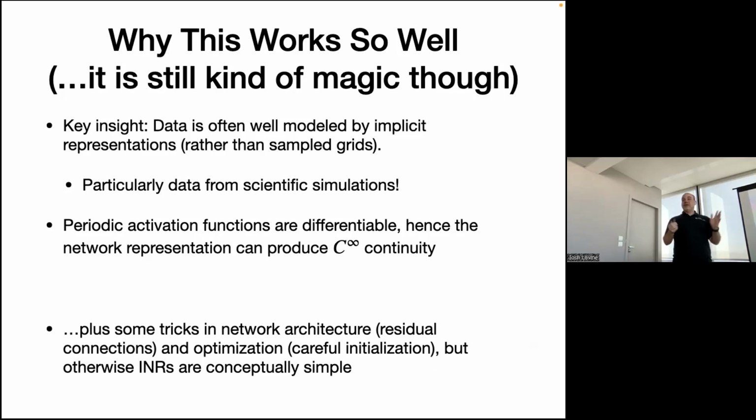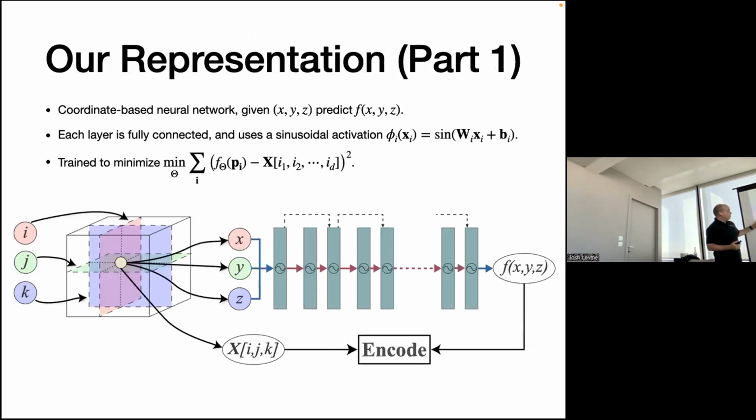So how does this network look? It's actually super easy to explain. I can explain it in 2 slides. This network takes as input X, Y, and Z, and it spits out f of X, Y, and Z. You would call this a coordinate-based MLP, multi-layer perceptron. And all we're doing is we go from X, Y, and Z, we go through a collection of layers, and each of those layers get activated by a sinusoid. There are some residual connections that we put in there, which do improve the network.